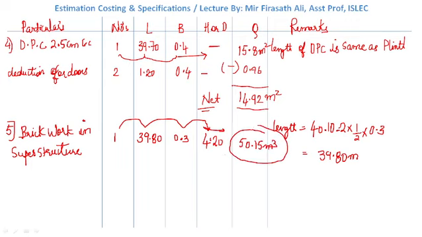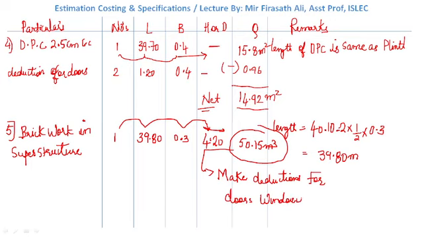This is the value. So, from this value, we need to make deductions for doors, windows, and we have shelves, lintels.